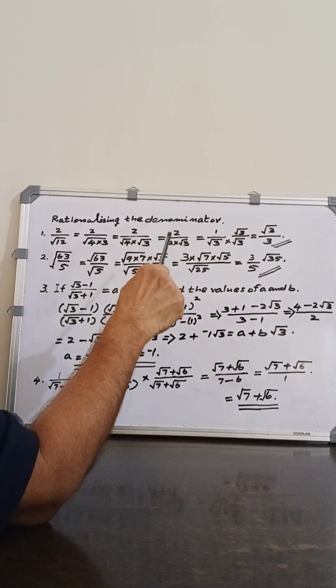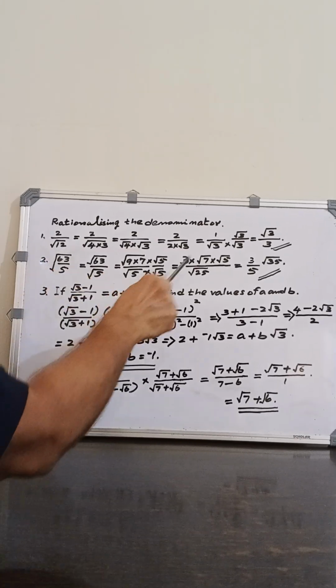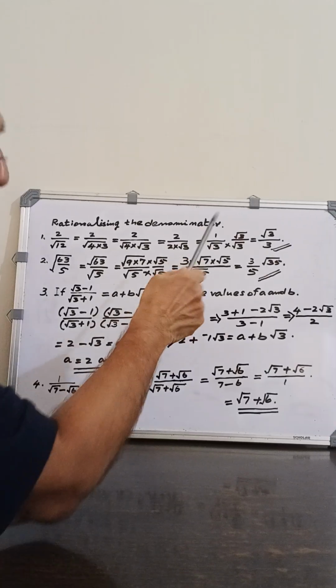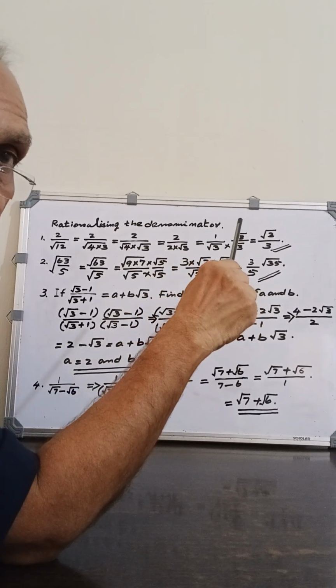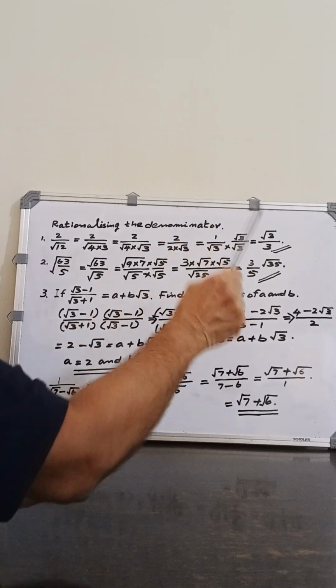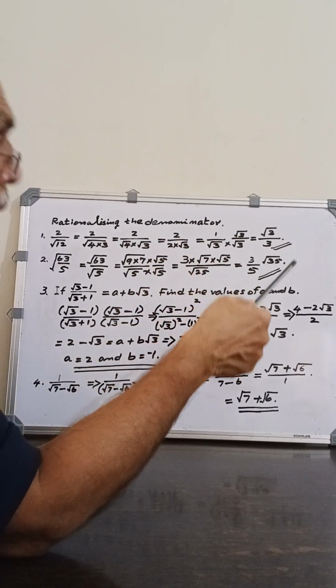1 by root 3 is equivalent to 2 by root 12. But 1 by root 3 has an irrational denominator, so it is not the simplest form. For that, we have to simplify by making the denominator rational.